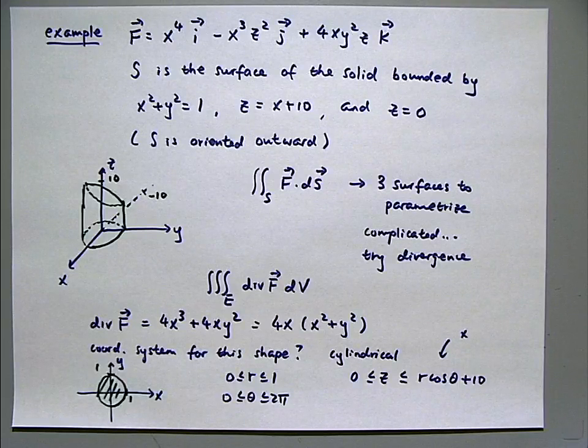That means I'm just going to get this thing here times z, and z turns into that. So this becomes 4r to the 4th cosine theta times (r cosine theta plus 10) dr d theta. You have to do a little bit of trig integration, but that's really not that bad.